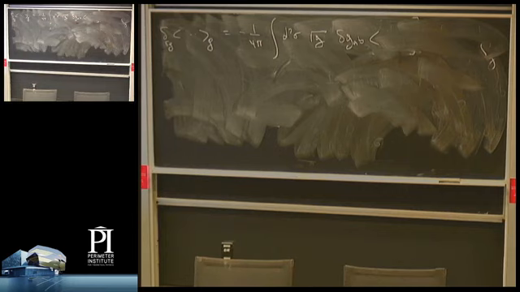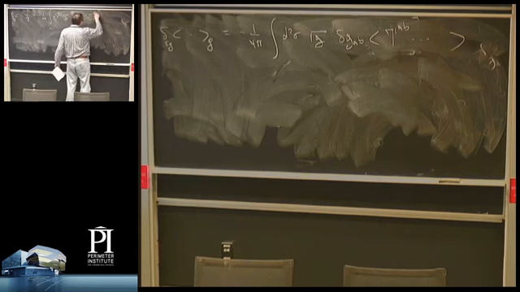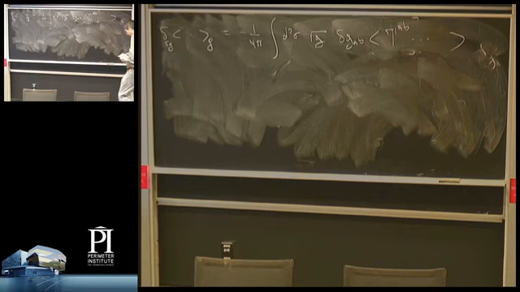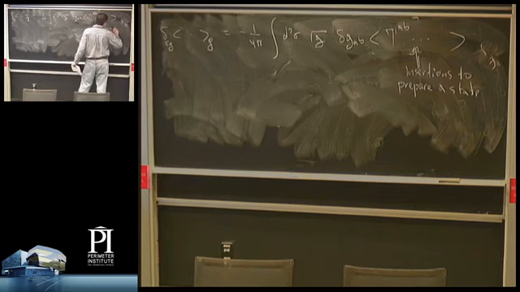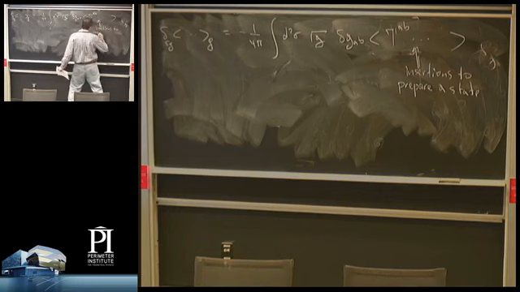If I vary with respect to the metric, so the metric enters in here. So there will be T^{AB}, and then whatever insertions I have. Okay, so that's a general formula, right?